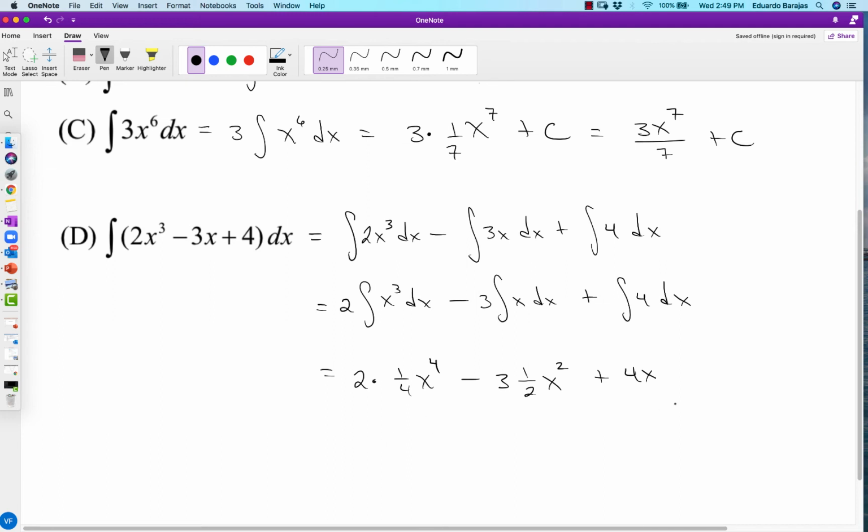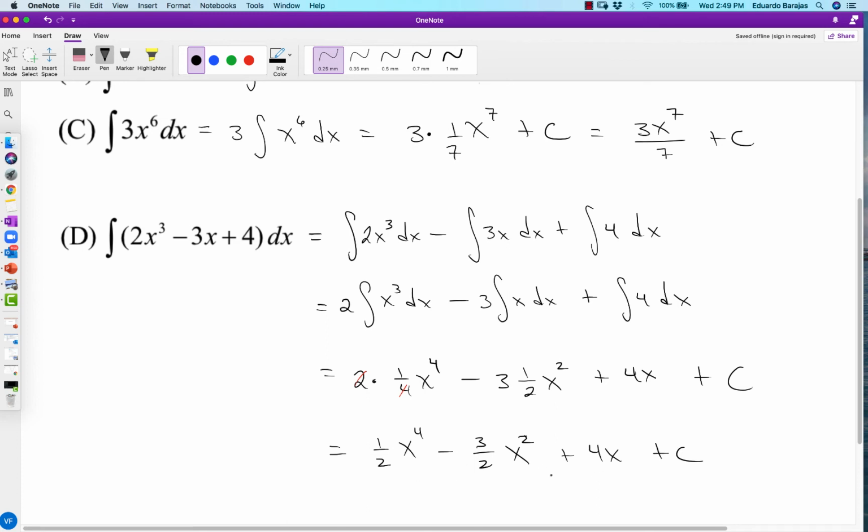Good. And then remember there's a constant. Just like before, technically each one of these has its own little constant, and you can add all those together and say it's one big constant, but most of the time people just add a c at the end. Good, so we can simplify this a little bit: the 2 and the 4 reduce to 1/2 x to the 4th power minus 3/2 x to the 2nd power plus 4x plus some constant.